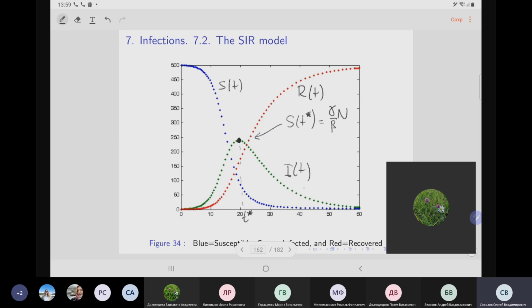And after that moment, the number of susceptible is going down, and the epidemic quickly ends. And usually not all susceptible become infected. There is some positive quantity left at the infinity moment.